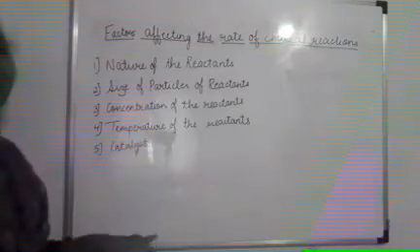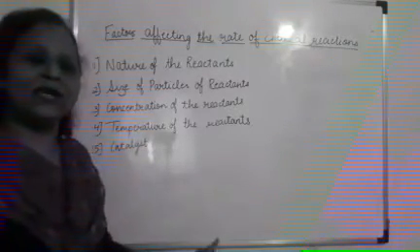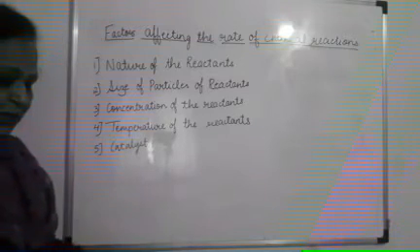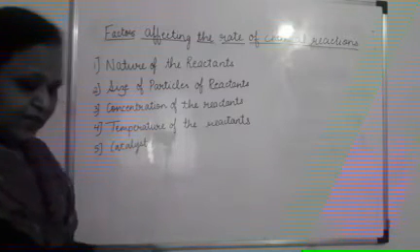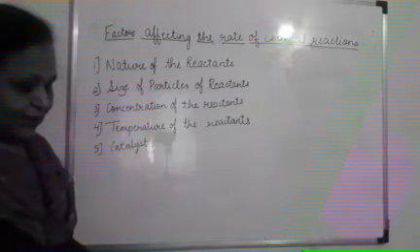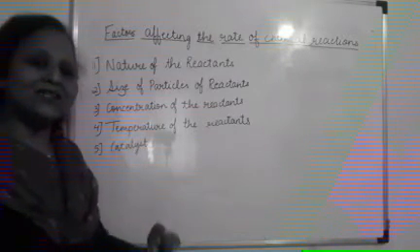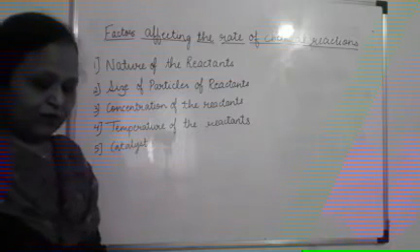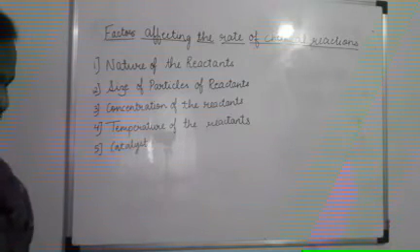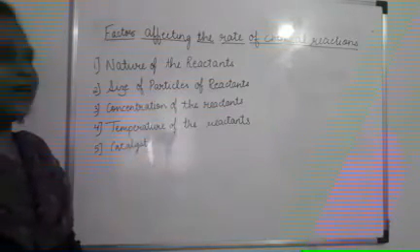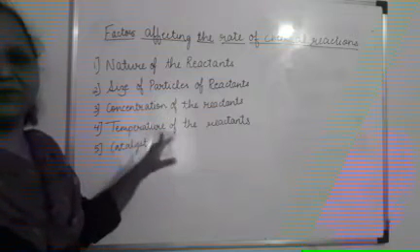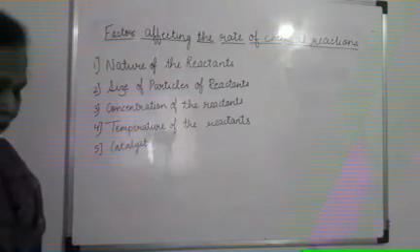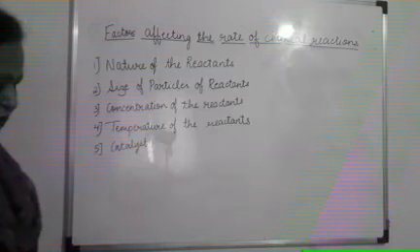When it combines with dilute hydrochloric acid, the process is faster and it reacts very quickly, whereas zinc does not, and therefore the rate of reaction of aluminum with hydrochloric acid is higher than that of zinc. So you can see here the nature of the metal.